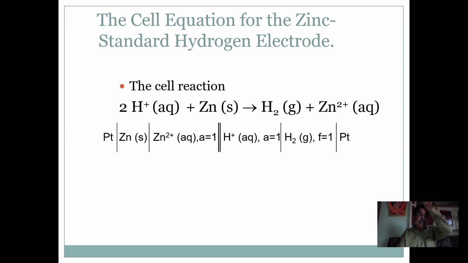So this cell is represented as Pt | Zn(s) | Zn²⁺ (activity 1) || H⁺ (activity 1) | H2 gas (pressure 1) | Pt.